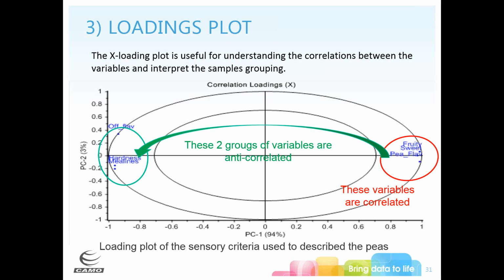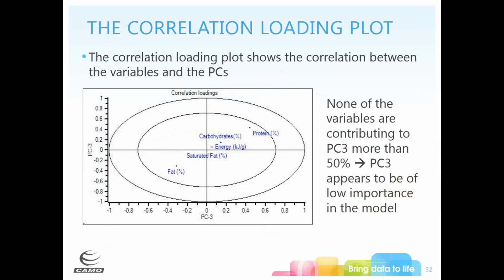If you're doing analytical testing, if you have a cheaper, quicker test as opposed to a long, expensive, dangerous type of test, you may be able to replace it by seeing that they correlate so closely. I talked about this already, that once all of your variables are falling inside this 50% line, then it's very low importance in the model.